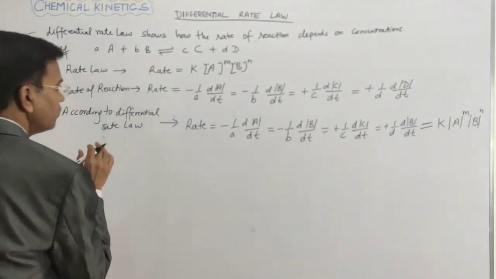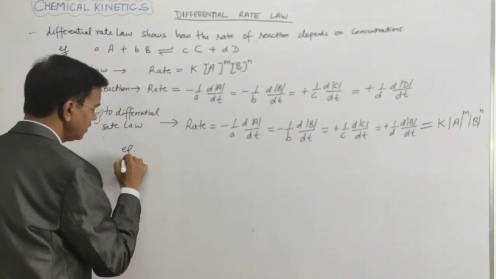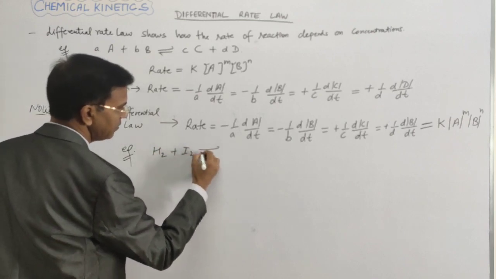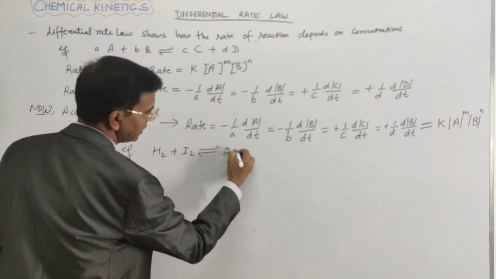So here, for example, H2 plus I2 gives 2HI.